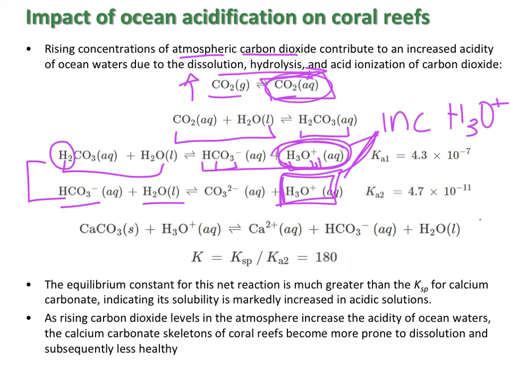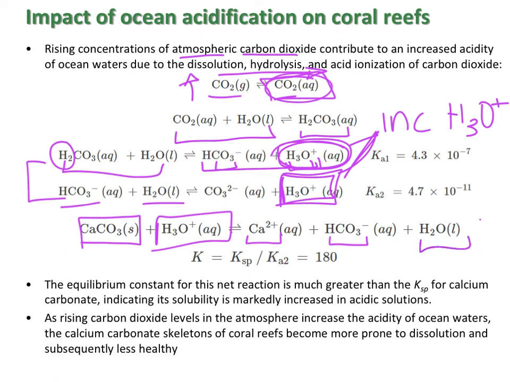Now, this increase in hydronium, what is it doing to the calcium carbonate that helps form the reefs? It is actually reacting with this calcium carbonate. So if it's reacting with calcium carbonate, you end up getting calcium in solution. You form this bicarbonate ion and also some extra water molecules.